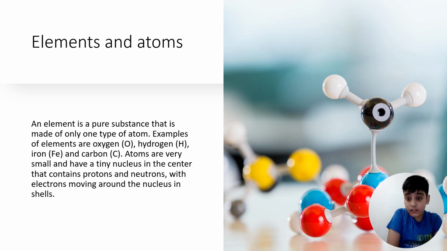An element is a pure substance that is made of only one type of atom. An atom is one of these tiny particles that have a small nucleus in the center that we discussed before.